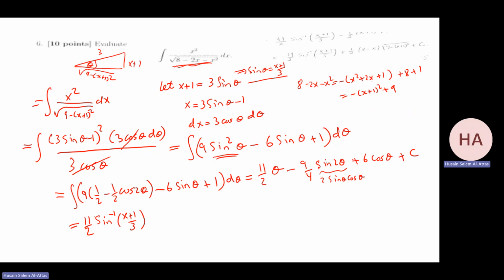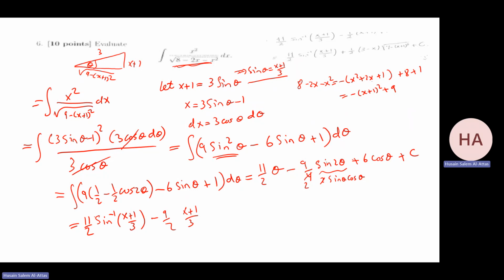Minus, I have what? Minus 9 over 2. 2 will be cancelled with 4. I have 2 sine theta. Sine theta is what? From this triangle, it will be x plus 1 over 3. Okay. Maybe it's not correct here. Let me check. And then I have x plus 1 over 3.